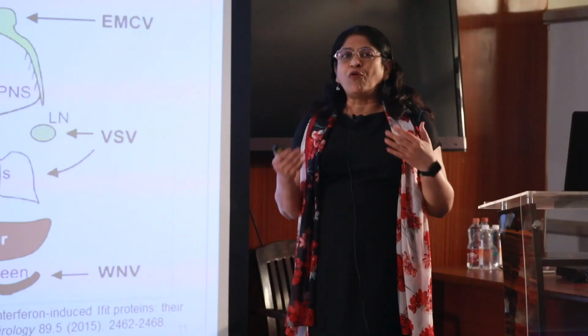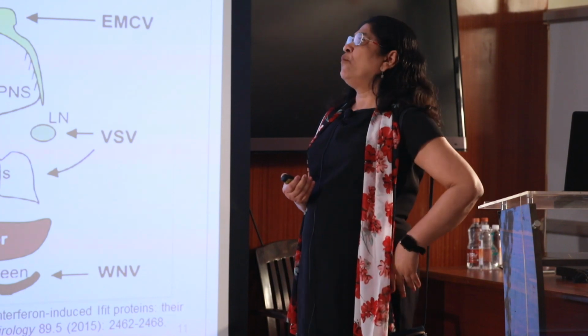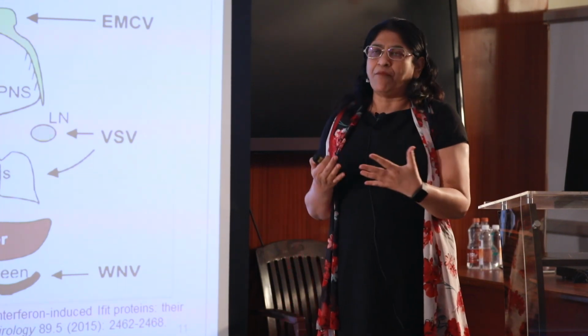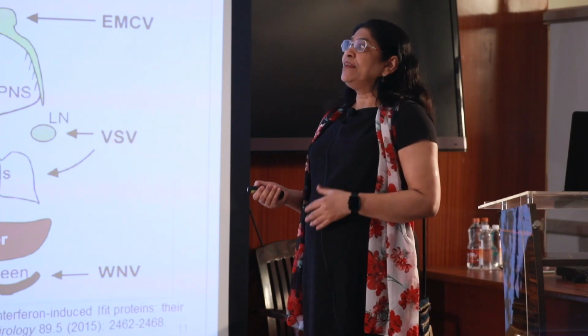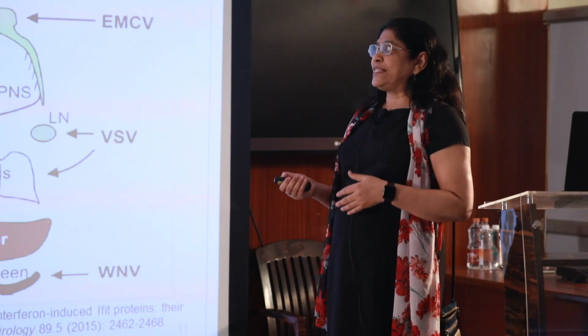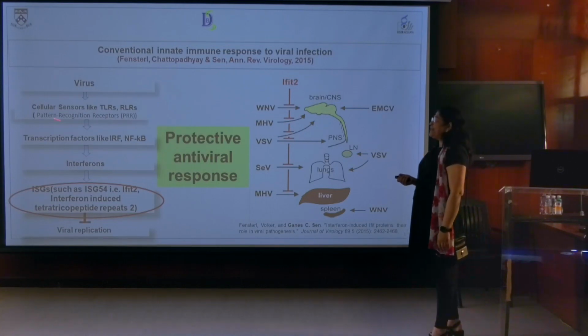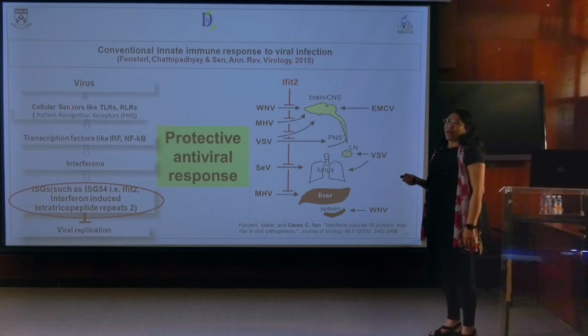To give an overview of what happens when the virus comes and how it causes inflammation: the virus enters, then cellular sensors like toll-like receptors and RIG-like receptors recognize the pathogen.